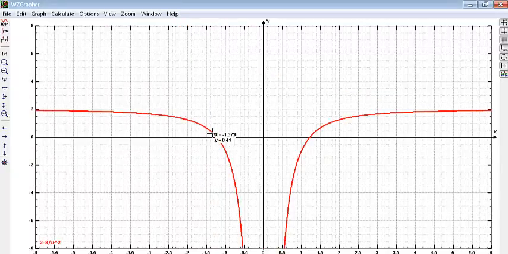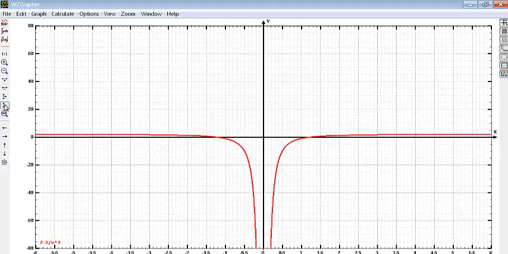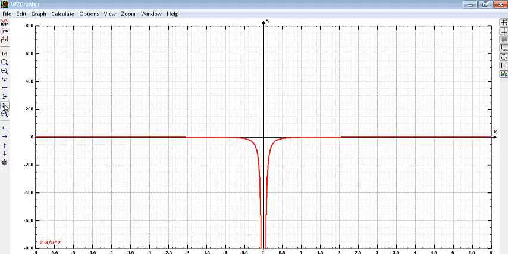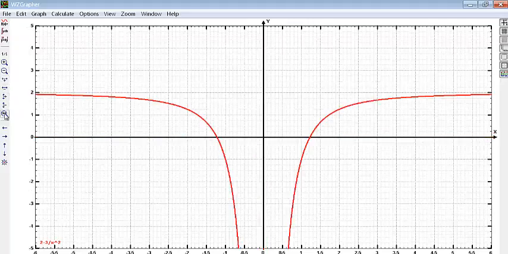Here's our negative x-intercept, here's our positive x-intercept. Here's the horizontal asymptote; you see they're approaching y equals 2. The vertical asymptote here is 0, so these both go down in the same direction. They keep going. If I zoomed out in the y direction, you can see that they approach the asymptote.